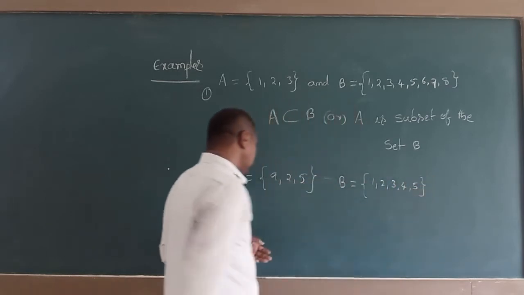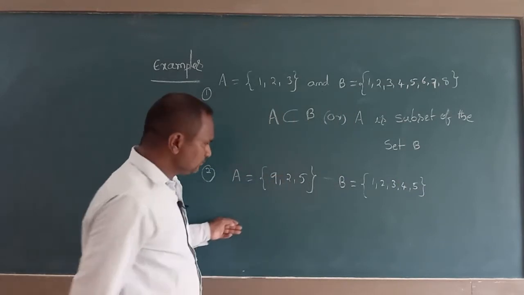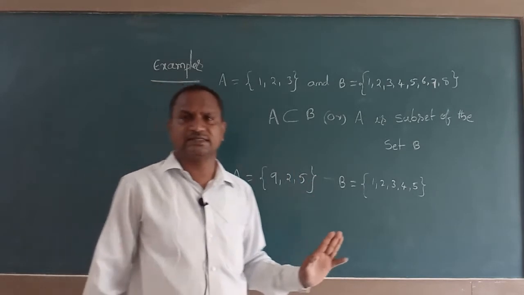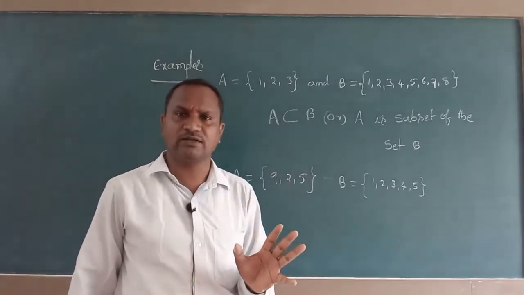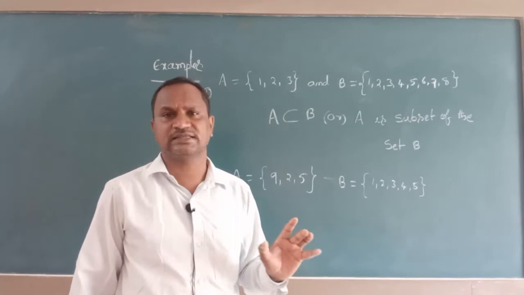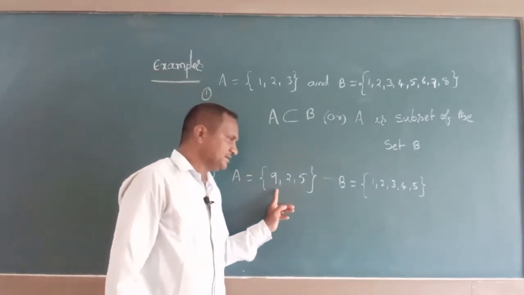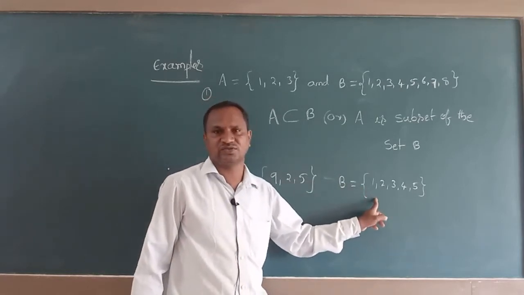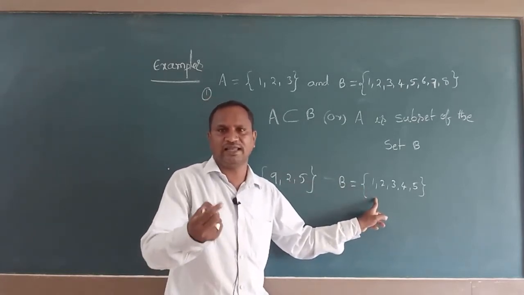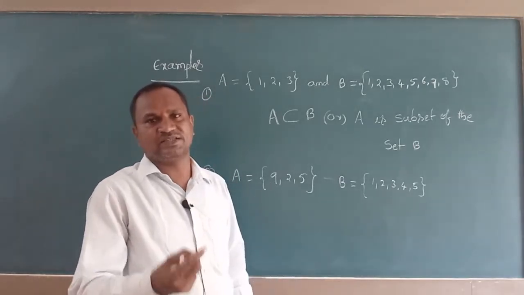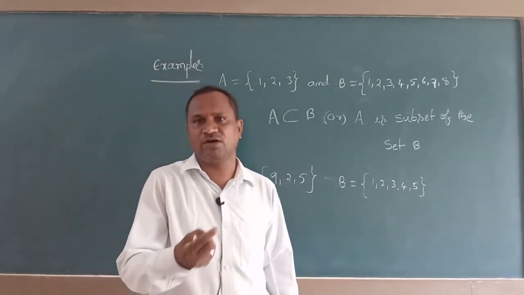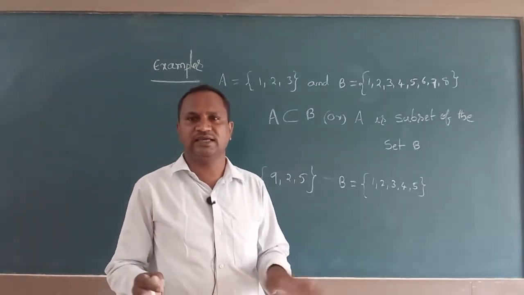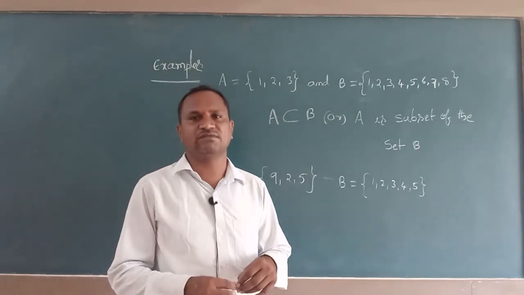See here, only if every element of set A is an element of the set B, then we call A a subset of the set capital B. 9 is there, but 9 does not belong to set B. One element is enough. If one element belongs to capital A and does not belong to capital B, then easily we can tell A is not a subset of the set capital B.